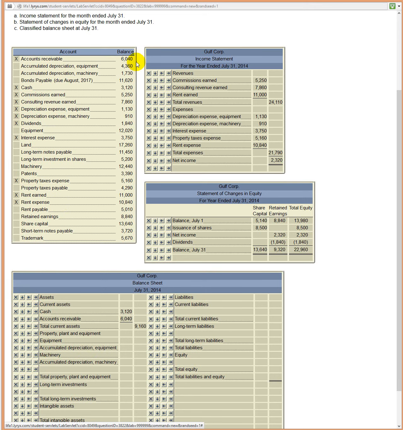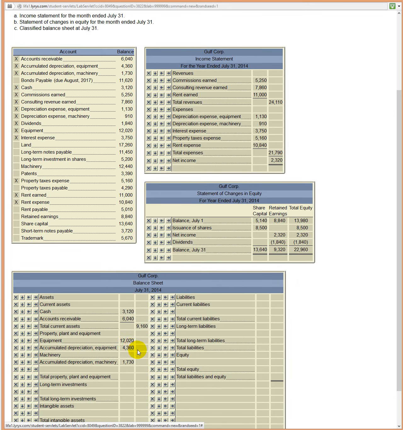There we go. Okay, so now we need some numbers. Accumulated depreciation is 4360 on the equipment. And it's 1730 on the machinery. We click both of those off. The equipment was 12,020. That's the cost of the equipment.